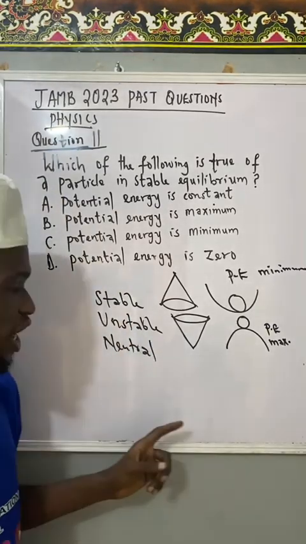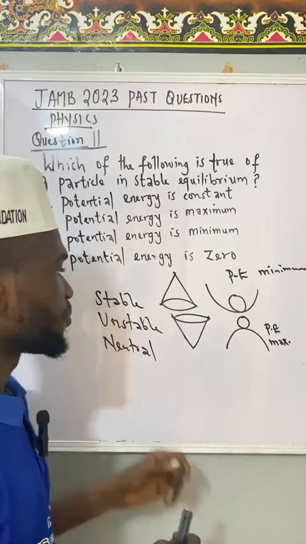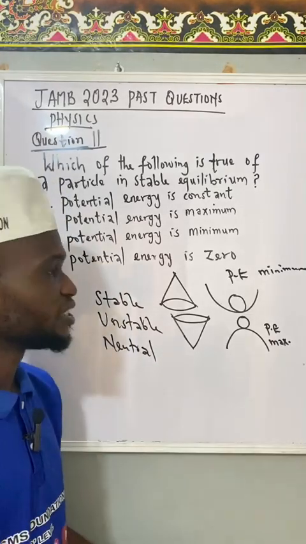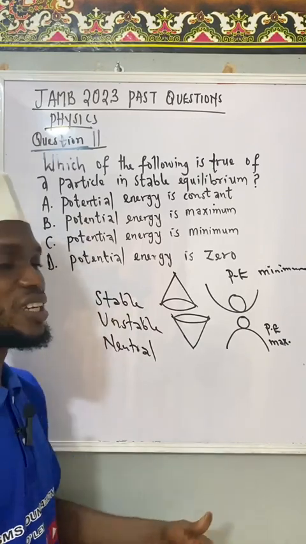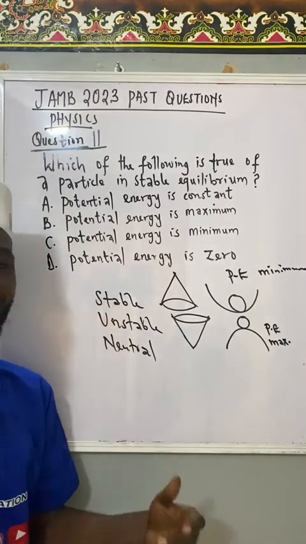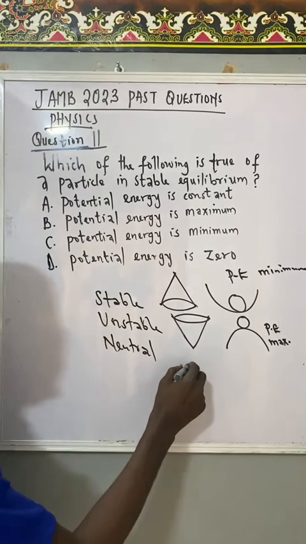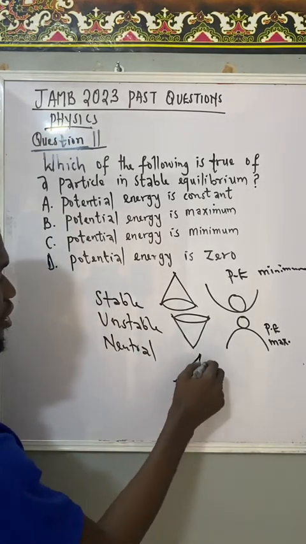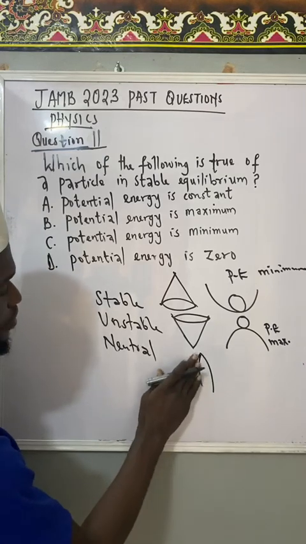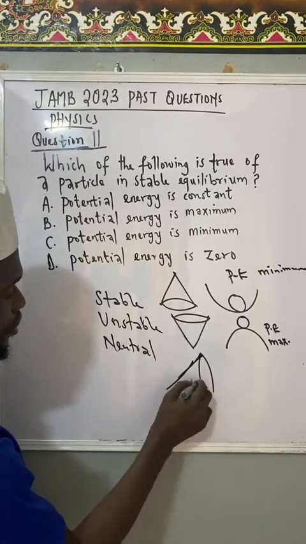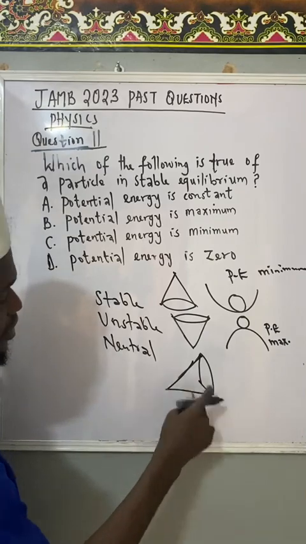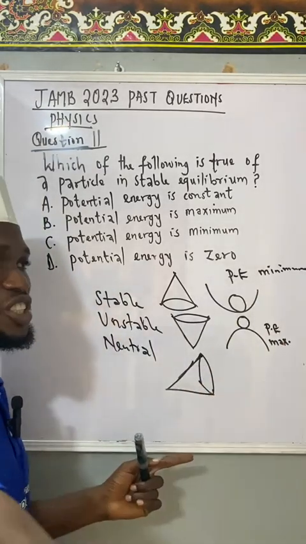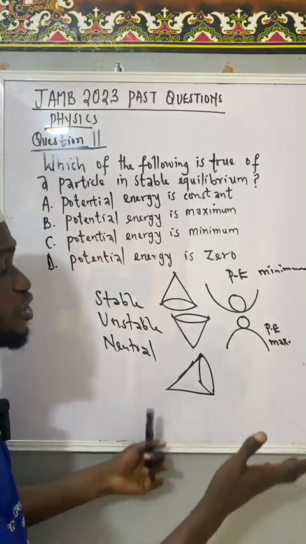Now, neutral equilibrium occurs when a body is slightly pushed or tilted or displaced, and the body tends to come to rest in its new position. For instance, if the cone is placed on its side on the ground and we push it, you will see that it will keep moving until it comes to rest in its new position.